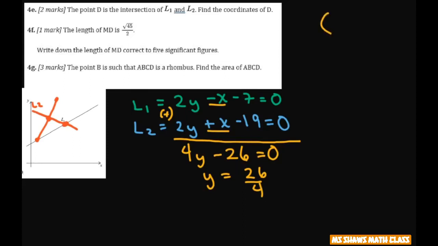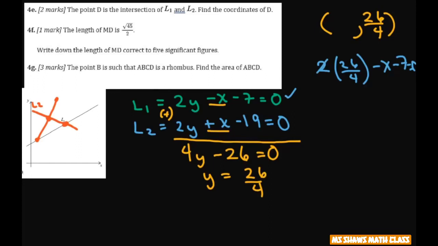So we're trying to find that intersection. So y is 26 divided by 4. Now you have to find your x. To find your x, you just plug it back into one of the equations. So we get 2 times 26 divided by 4 minus x minus 7 equals 0. So that goes into this 2 times.